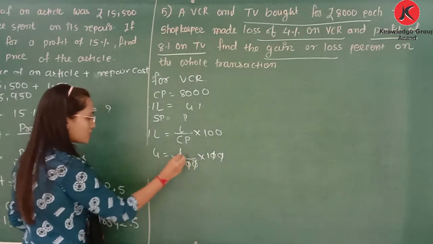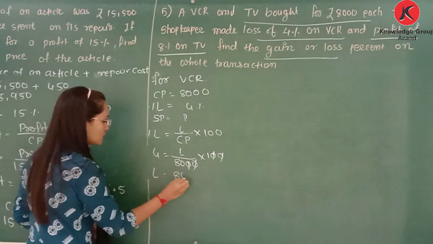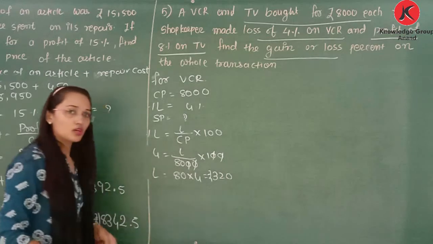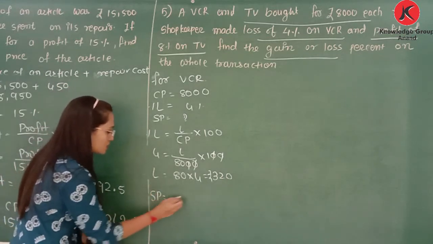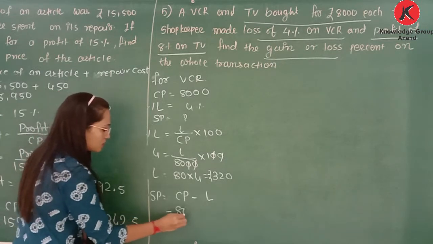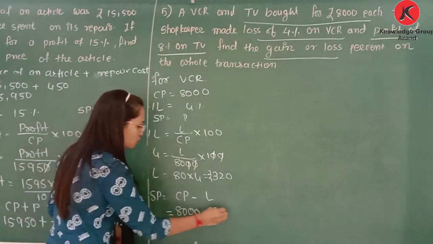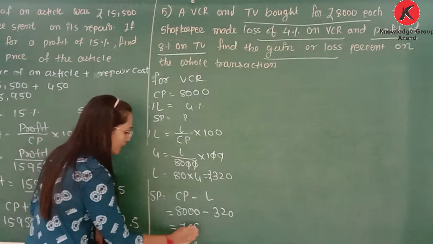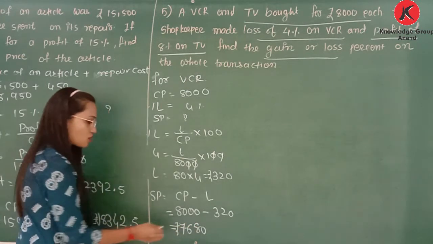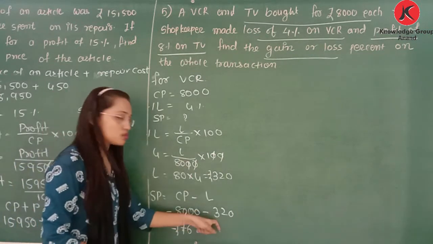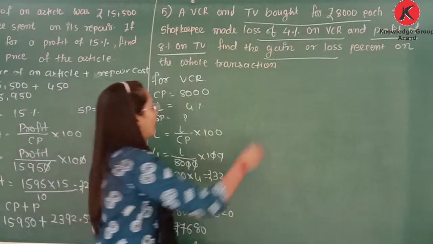So 0 0 cancel, we can find the loss in rupees is 80 multiplied by 4, that is 320 rupees. So our selling price is CP minus loss, 8,000 minus 320. So we get 7,680, that is the selling price of VCR and 8,000 is the cost price, loss is 320. Clear?